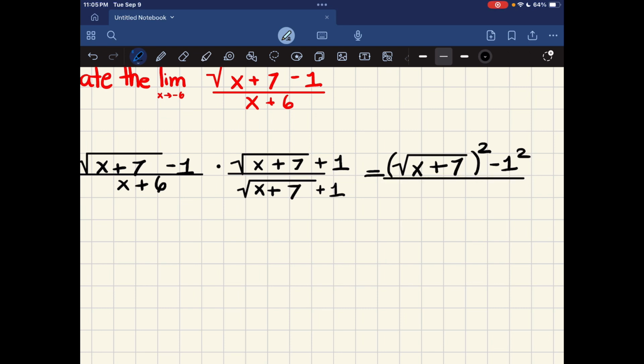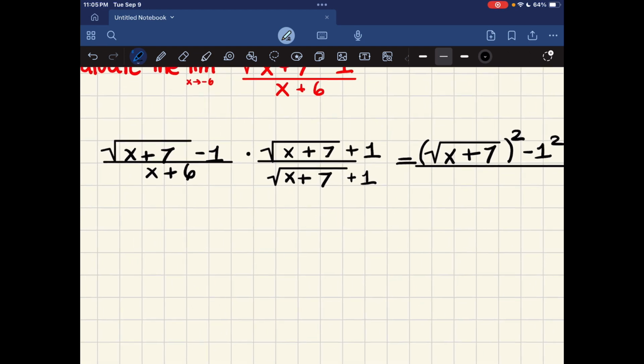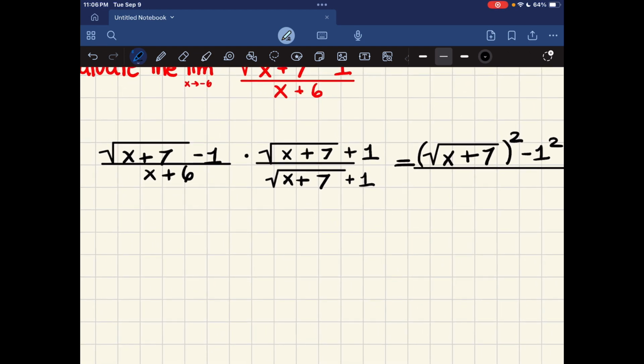We can't really multiply each individual number, so we're just going to separate the two with parentheses. So x plus 6, and then the square root of x plus 7, sorry, and then plus 1.